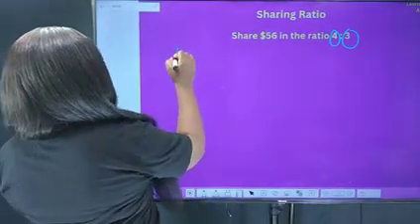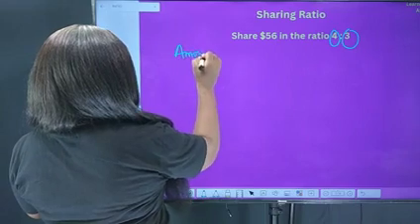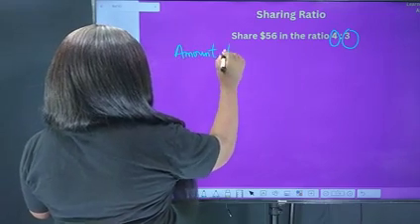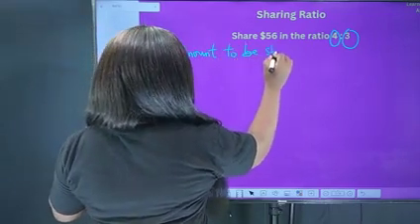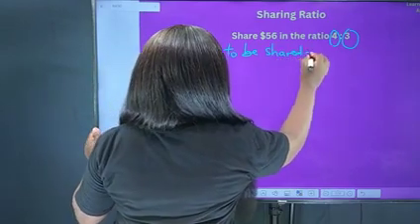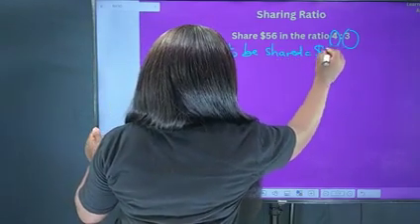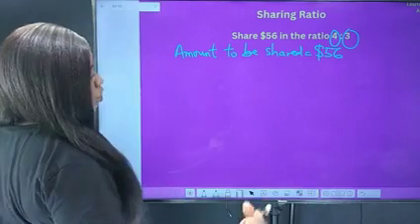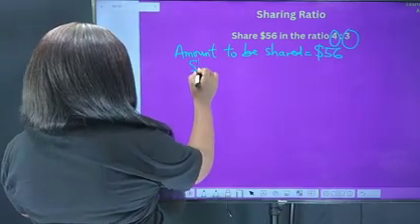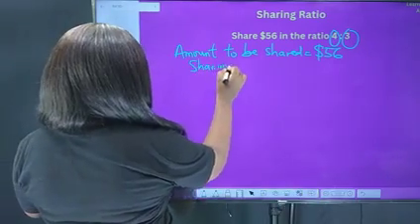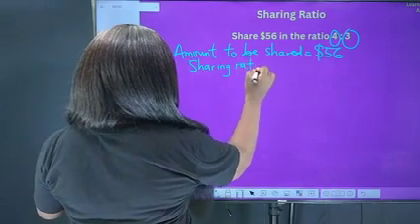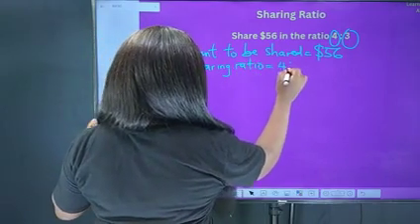So amount to be shared is $56. Always write out this for your solution. Then sharing ratio. In what ratio will it be shared? It will be shared in the ratio 4:3.